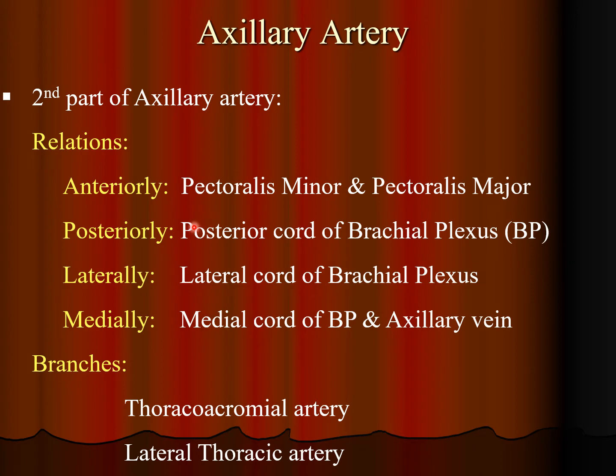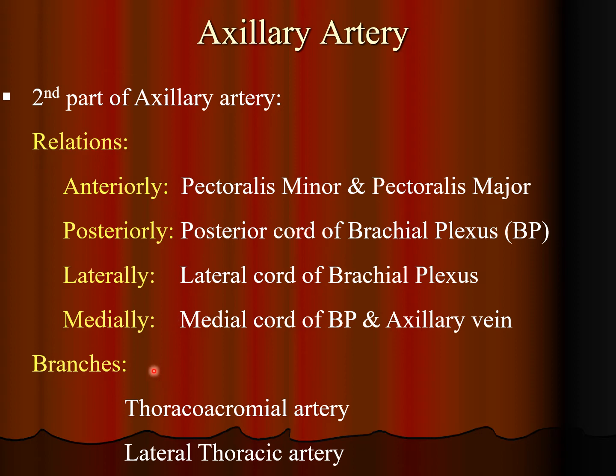Now the relations of the brachial plexus cords change, and every cord lies in its corresponding area. The posterior cord lies posteriorly, the lateral cord lies laterally, and the medial cord along with the axillary vein lies medially. So the relations in the second part change.